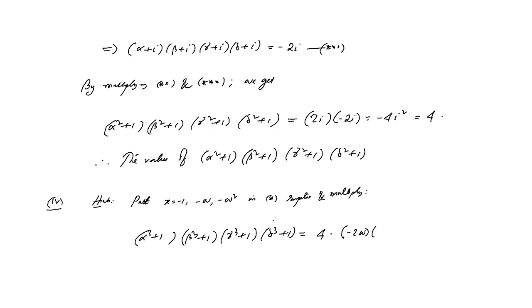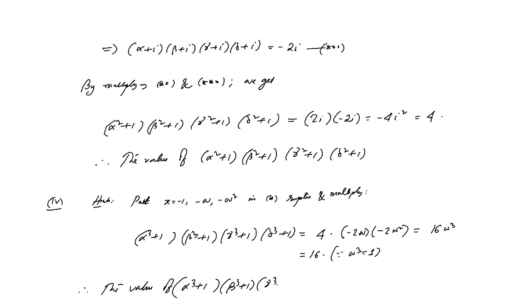And when you put minus omega square, the value will be minus 2 omega square. So that means it will be 16 omega cube, so the value is 16, because omega is the imaginary cube root of unity and omega cube equals 1. Therefore the value of (alpha cube plus 1)(beta cube plus 1)(gamma cube plus 1)(delta cube plus 1) will be 16.